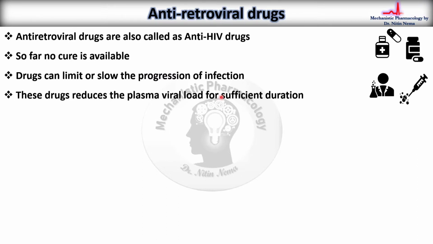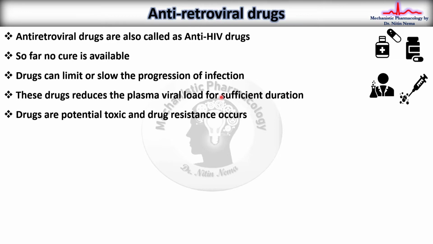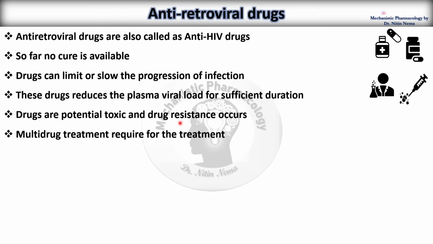It should be started before the immune system is irreversibly damaged. There are a number of drugs which are potentially toxic as well as liable to resistance, that is called drug resistance, and therefore they require an early multi-drug treatment for therapy. So multi-drug treatment is always preferred as far as retroviral infection is concerned.